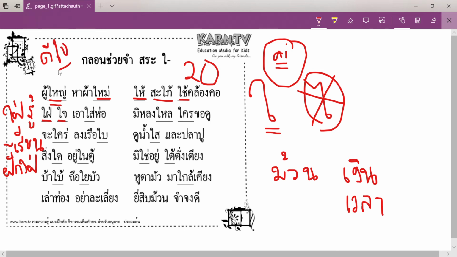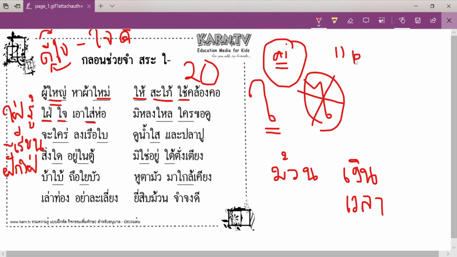But when you swap the positions, it becomes ใจดี, which means the person is very kind, has a good heart. I cannot write it properly, but you know what I mean. ใจดี means a kind-hearted person, and ดีใจ is happy.